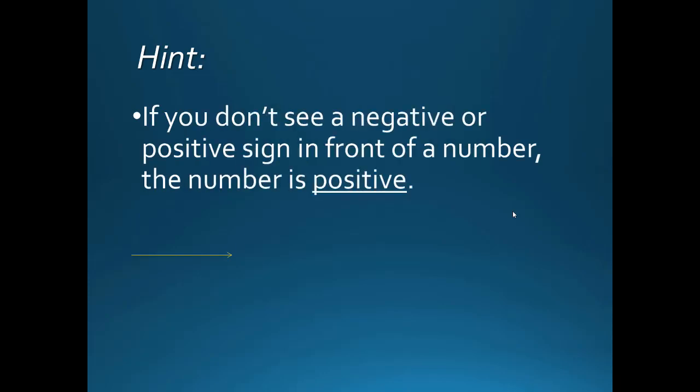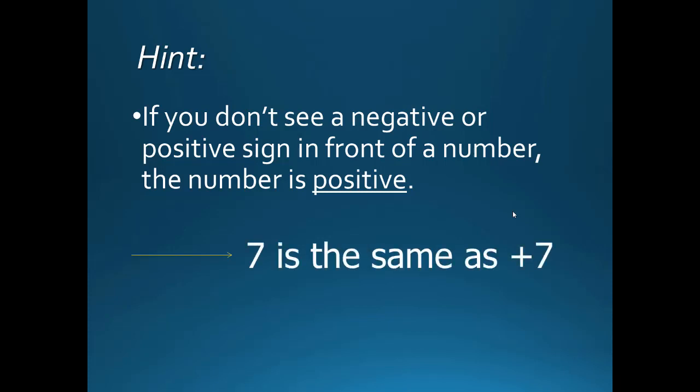If you don't see a negative or positive sign in front of a number, the number is positive. So for example, 7 is the same as plus 7. 3 is the same as plus 3.